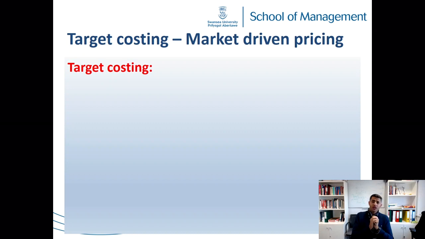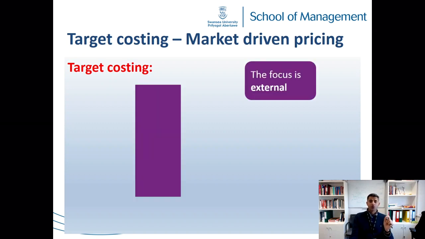So in terms of target costing, the formula is switched. What does that mean? Instead of starting from the total cost, then adding a markup percentage of profit and ending up with a selling price, the first step is setting a selling price.